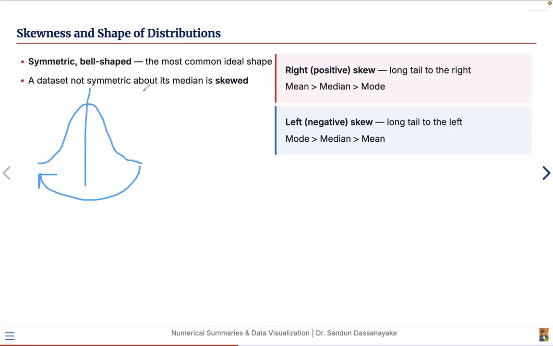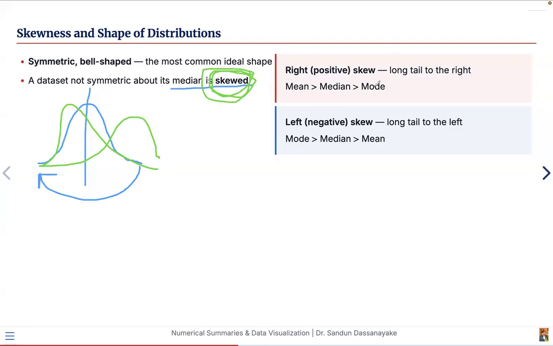A data set not symmetric about its median is skewed. So whenever you observe a data set that doesn't have this property, maybe it goes like this, maybe it goes like this, then we call this skewed. There is something off with the data set. That's what skewed means.